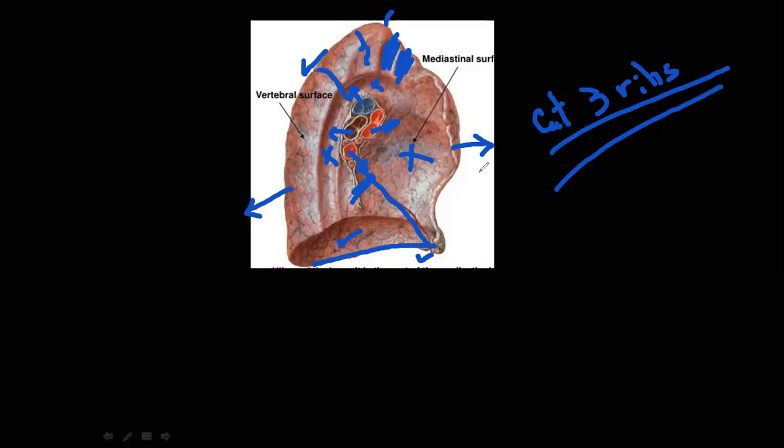Just these ribs are related to the inferior border of the lung. This is regarding the surface anatomy. You know the surface anatomy? Costal 6, and 3 and 4. Girl, I will draw for you the surface anatomy of the lung because it is very important, even clinically.